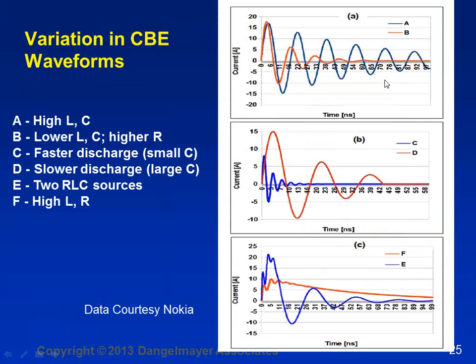Okay, here is another slide that shows the variation that we see in discharge currents of the charge board event. This is work done by Nokia, and you can see depending on the countless variables on a circuit board, you can get dramatically different results. And here are some of the peak currents. Here's one over 20 amps, 15 amps, that's probably 17, 18 amps.